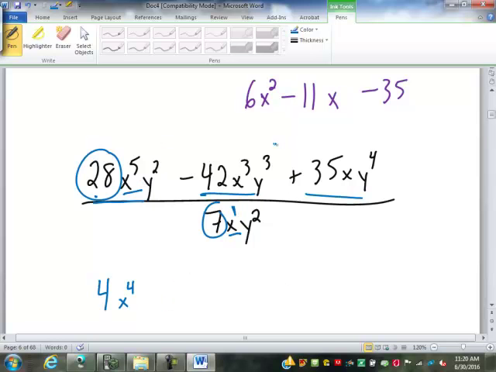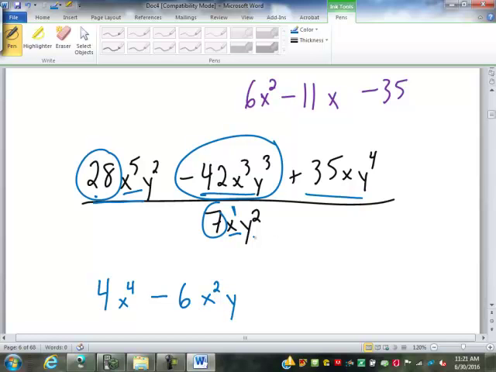So then we move on to the negative 42, x to the 3rd, y to the 3rd, divided by 7 gives us negative 6, good. How about x to the 3rd divided by x? X squared, good. 3 minus 1 is 2. And y? Wouldn't that one just be y then?